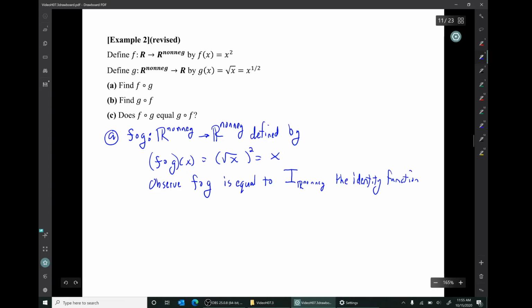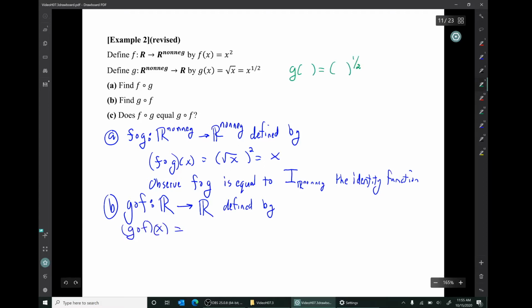Now let's look at the map G circle F. Notice that it maps the real numbers to the real numbers. Its domain is the domain of F, and its codomain is the codomain of G. Now here, you might be tempted to say that this is the same as x, but it's not.